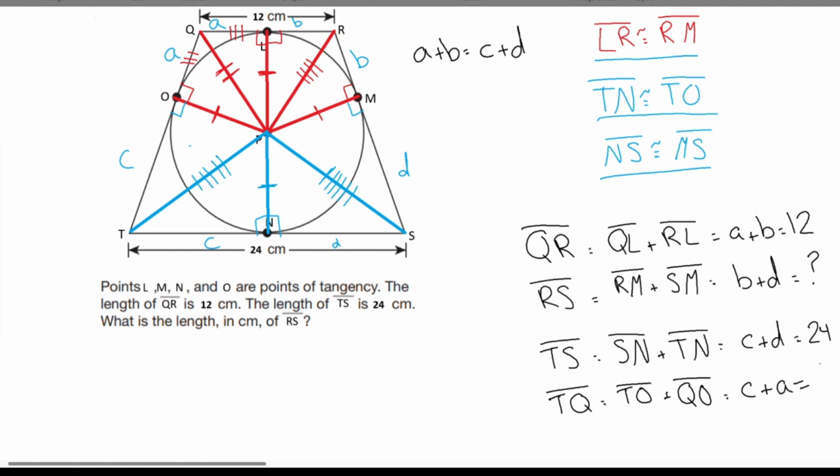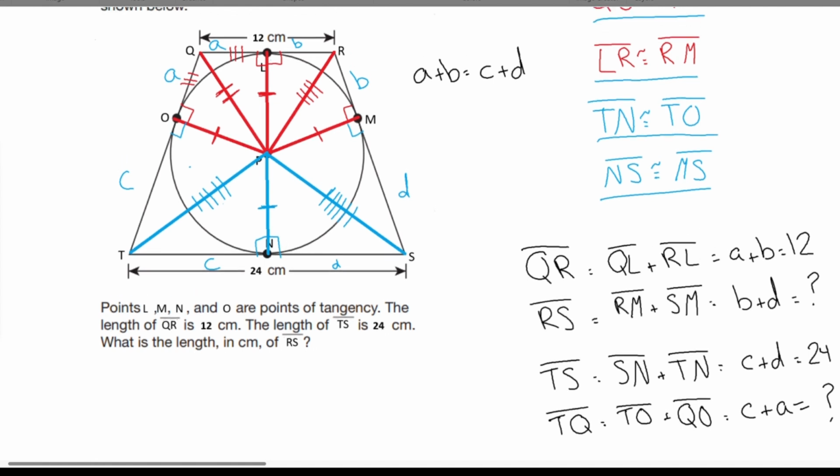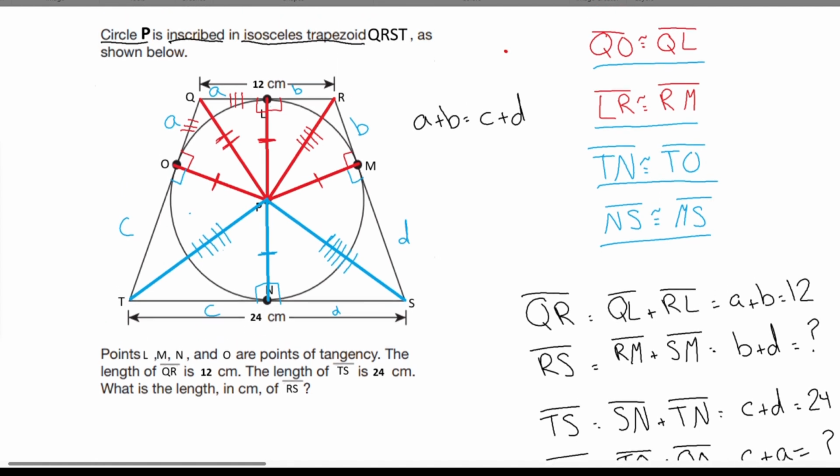We don't know what C plus A is, but what we do know about C plus A, which is TQ, is that since it tells us that it's an isosceles trapezoid, the two legs, QT and RS, are congruent. We know that from the start already. So QT is congruent to RS.